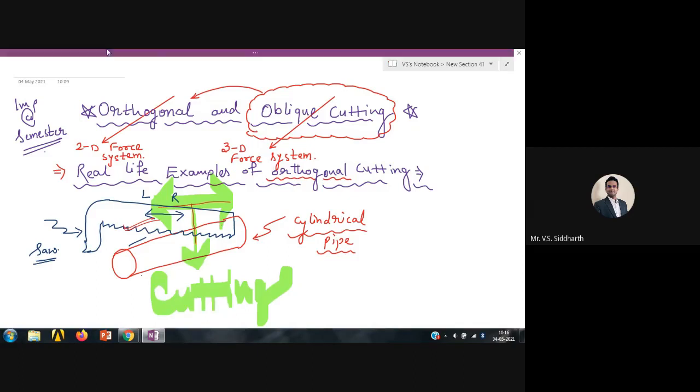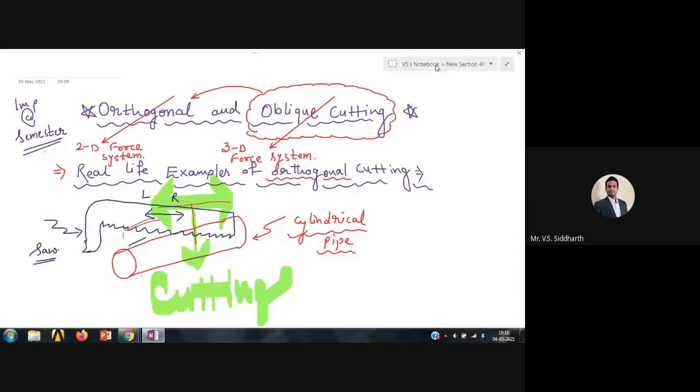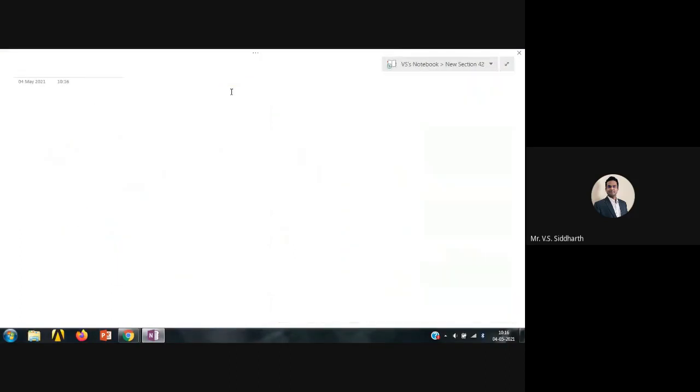Okay. So now we will see what our turning operation is, the turning operation we were discussing for the past many classes. Let us see what type of operation our turning operation is.